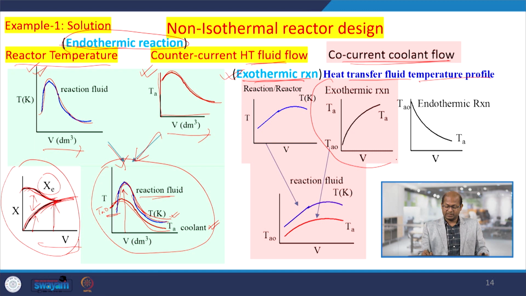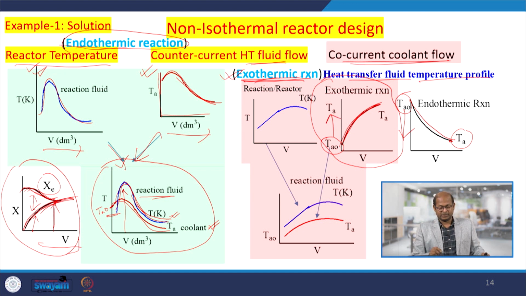The coolant temperature started from here, and then it will gradually increase as the reaction proceeds, since heat is generated in an exothermic reaction. But in the endothermic reaction the coolant temperature was falling: it started from here, and at the exit of the reactor it would be this.